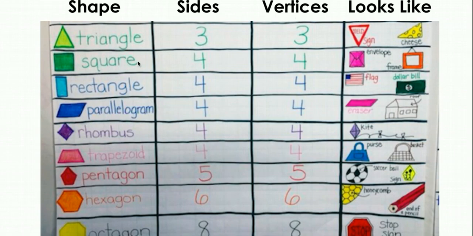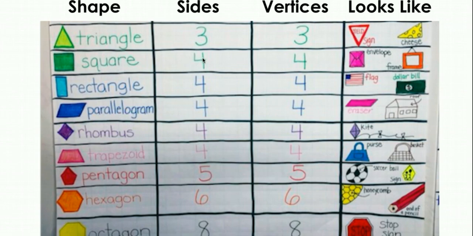The next shape is a square. A square has four sides, four vertices. You might think of a square envelope, though I sometimes think of a rectangular envelope, or maybe a picture frame, something like that. Now, you'll notice that there are several shapes with the number 4 for their sides and vertices. We'll talk about those separately in the next slide. For now, I'm going to keep going.